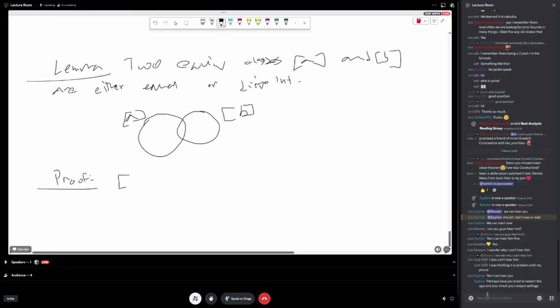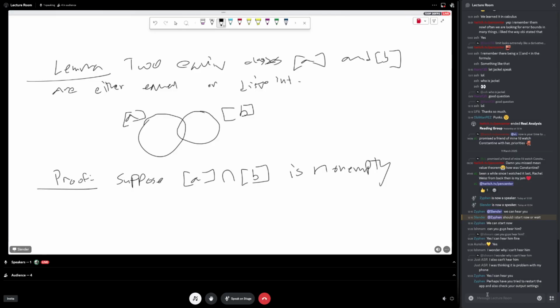So let's start by assuming that the intersection is non-empty, meaning they are not disjoint.